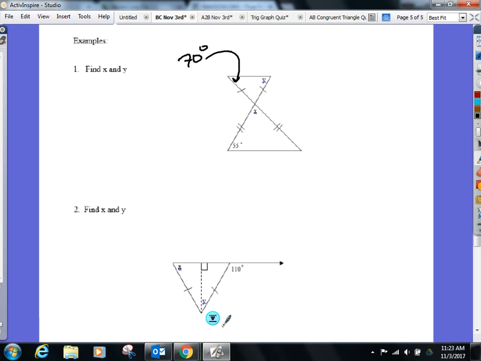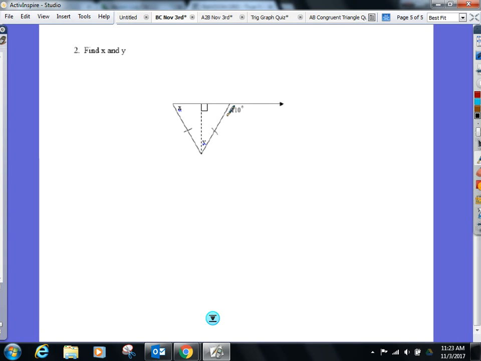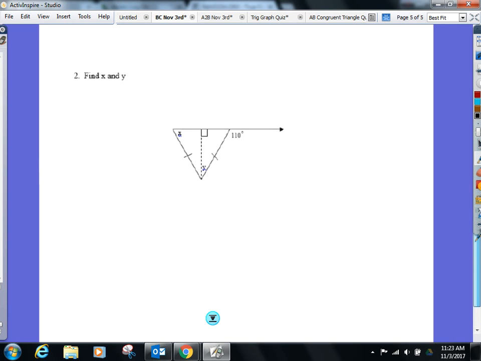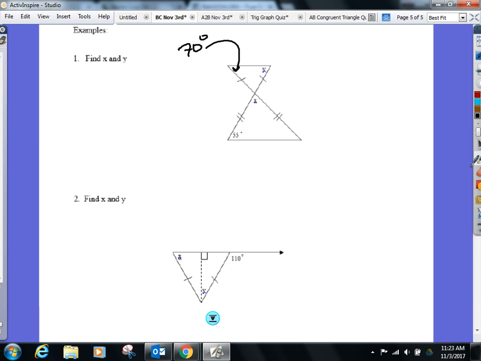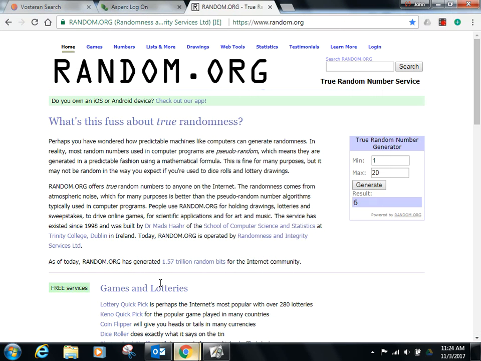So mark these sides congruent for me in number 2. You are with your group right now for the next 3 or 4 minutes. Find X and Y in both diagrams and be able to back yourself up with some kind of theorem or fact. So go ahead and work with each other. I got some isosceles triangles going on here, so go right ahead.